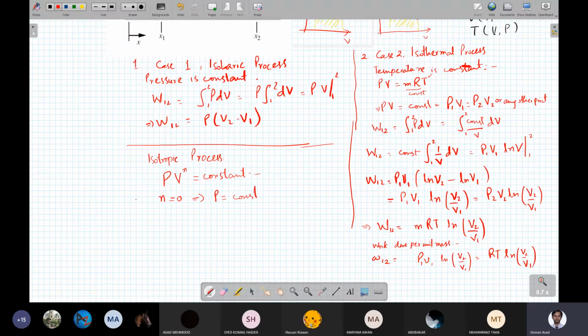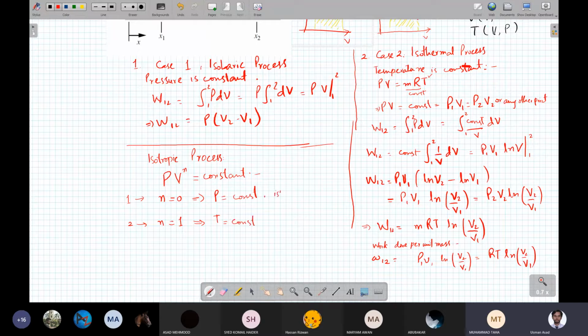This was case 1. If I plug in n is equal to 0 in the general equation PV raised to the power n is constant, I get P is constant. If I plug in n is equal to 1 in this ऊपर वाली equation, I get T is constant.